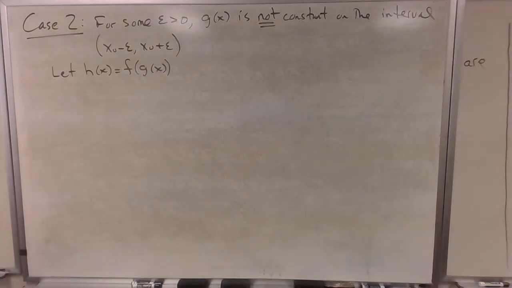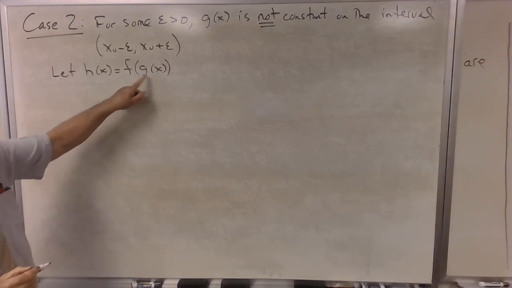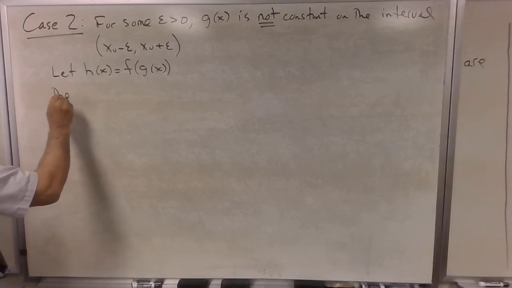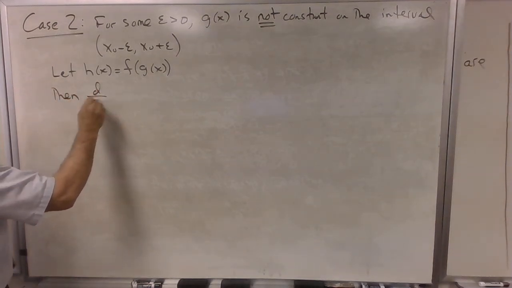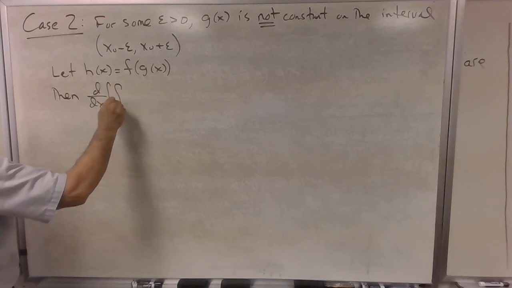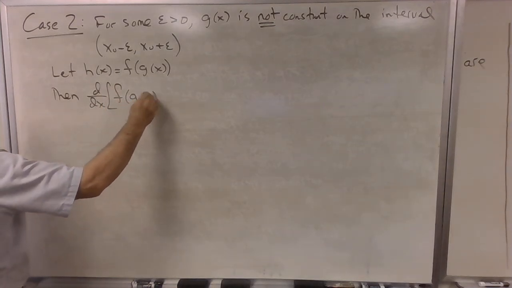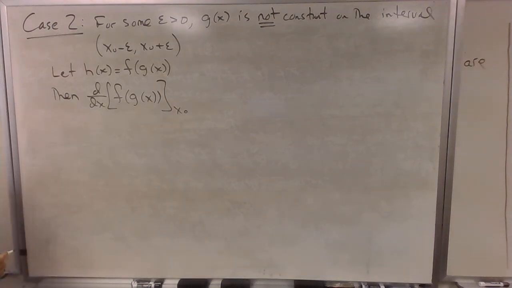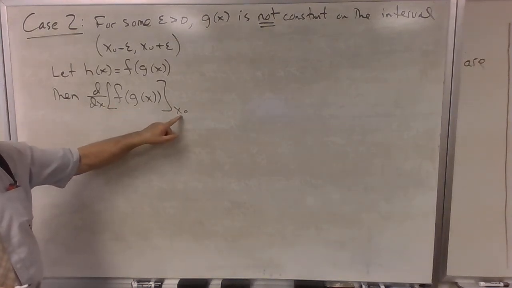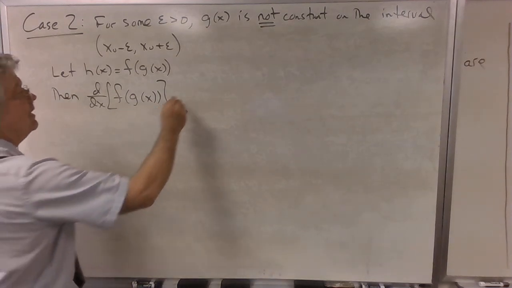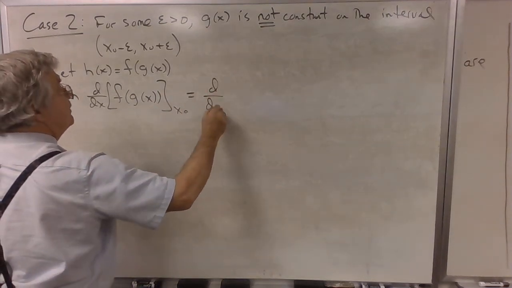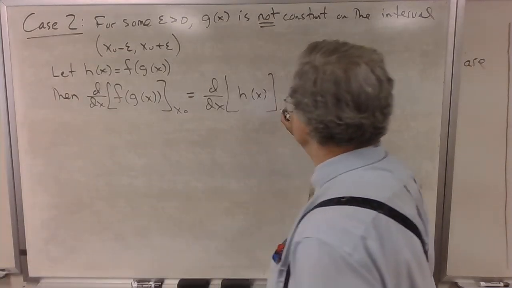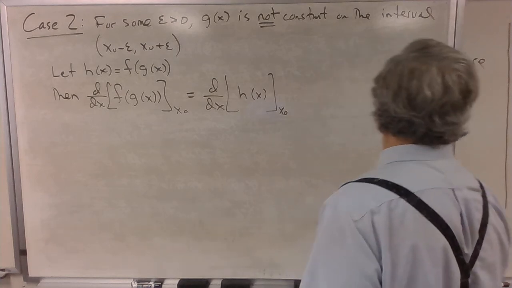For ease of notation, we'll give f of g of x a name. We'll call it h of x. So the derivative of f of g of x evaluated at x naught is the same as the derivative of h of x evaluated at x naught.